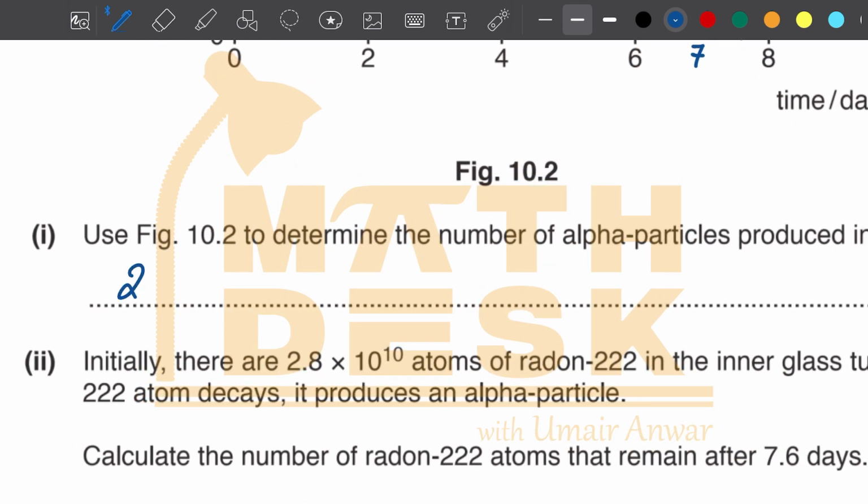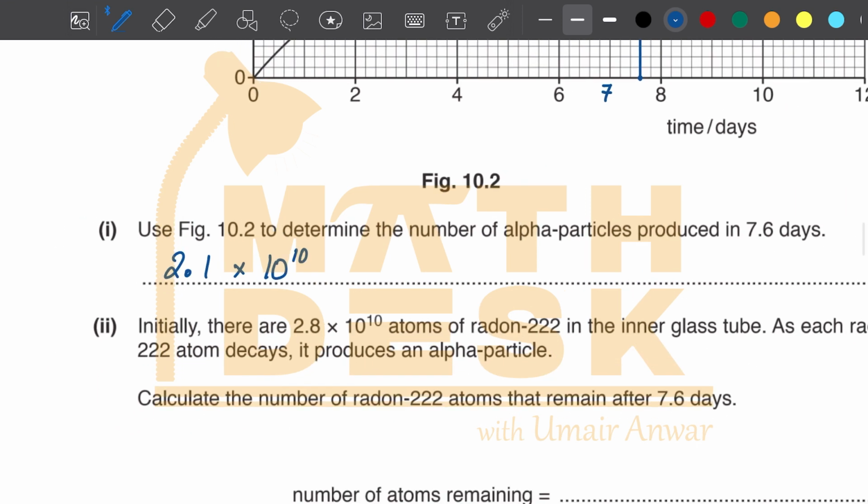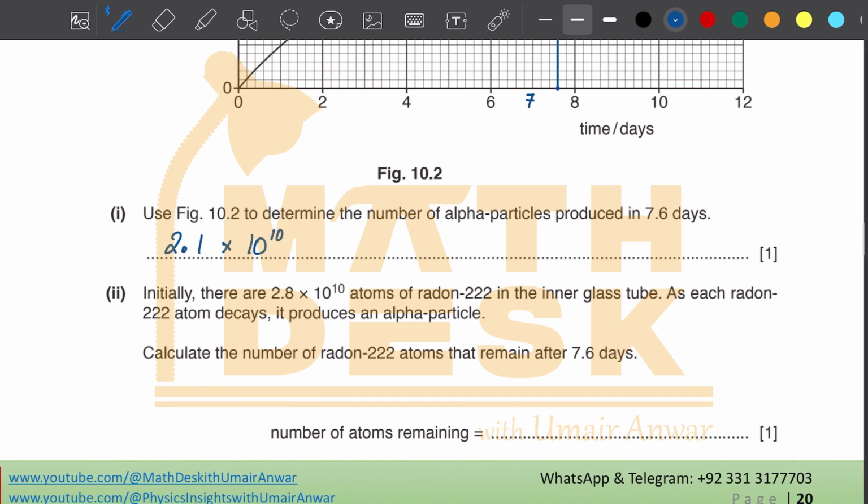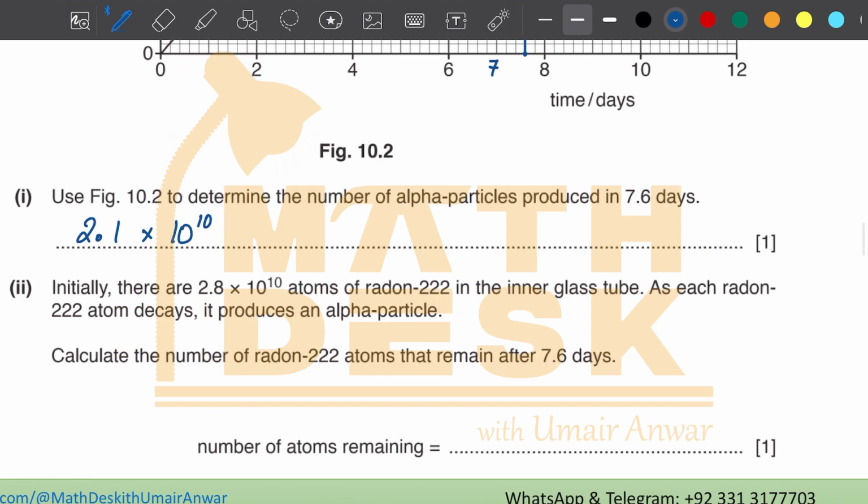So the number of alpha particles after 7.6 days would be 2.1 × 10^10. Initially, there are 2.8 × 10^10 atoms of radon-222 in the inner glass tube. As each radon-222 atom decays, it produces an alpha particle. So the number of alpha particles indicates the number of radon-222 atoms which have decayed.